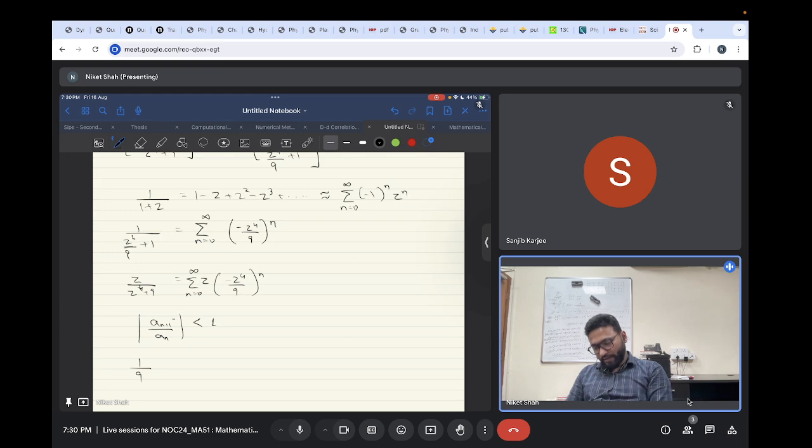No, it has to be the whole term, right? z power n plus 1 divided by z power n. So it will be 1 by 9 raised to power n plus 1, z power n plus 1 into z. Basically the whole term. So a_(n+1) is simply a_n z raised to power n, so a_(n+1) z power n plus 1. That's a_(n+1).